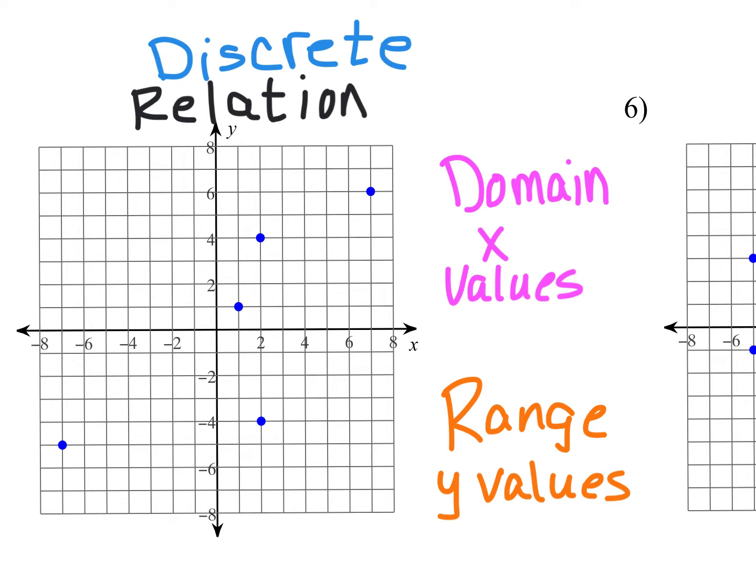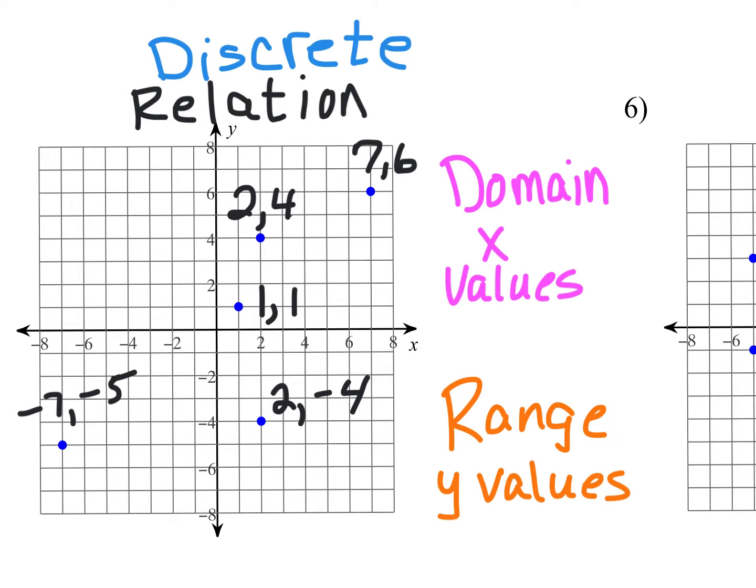I feel like the easiest way to do it is just to figure out what all your ordered pairs are first so that you can get your x values and your y values. That's the first thing I did here, was label all of my coordinates so that it's easier to pick out the domain and range.